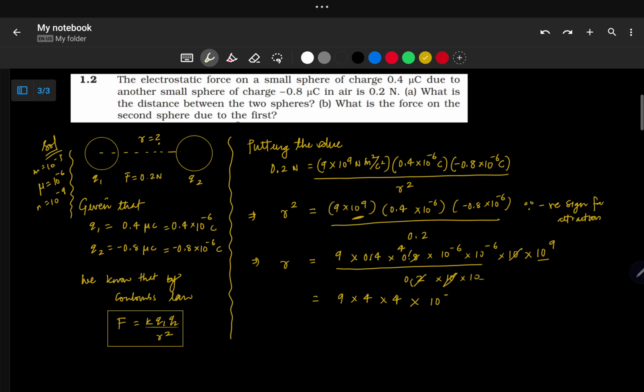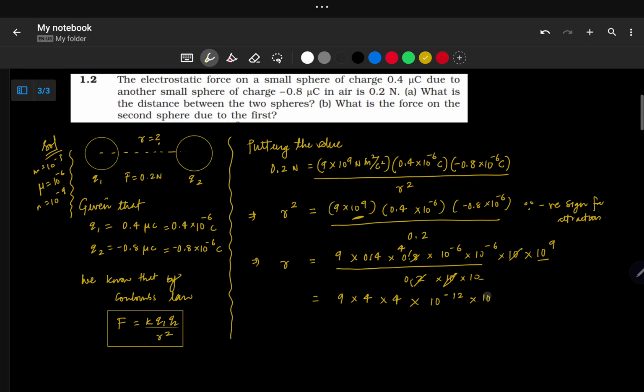So now what are we getting here? After that calculation, this thing is going to be 10 to the power minus 6, times 10 to the power minus 12, and this 10, if we take it up in the numerator, it is going to be divided by this 10.